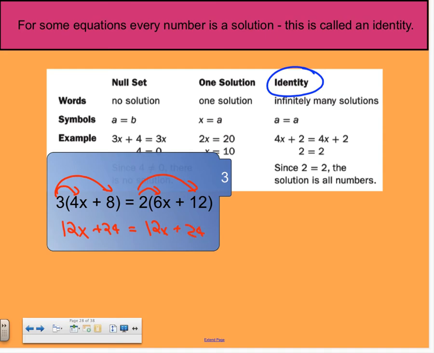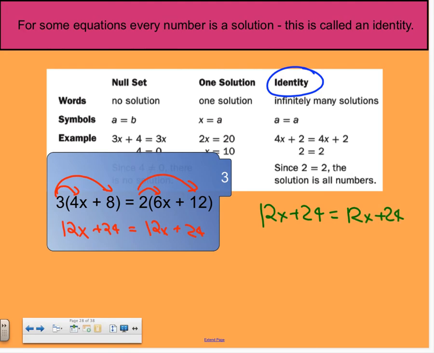So, once again, what do we already notice about the 2 halves of the equation? Tell your neighbor. What do you notice about the 2 halves of the equation? Okay, Trey, is that what you were going to say? The 2 sides of the equation are the same. So, I have 12x plus 24 equals 12x plus 24.